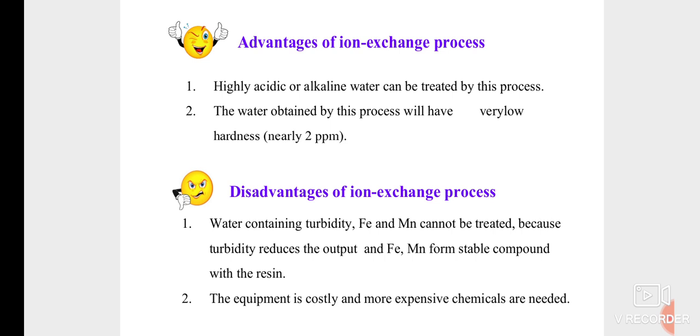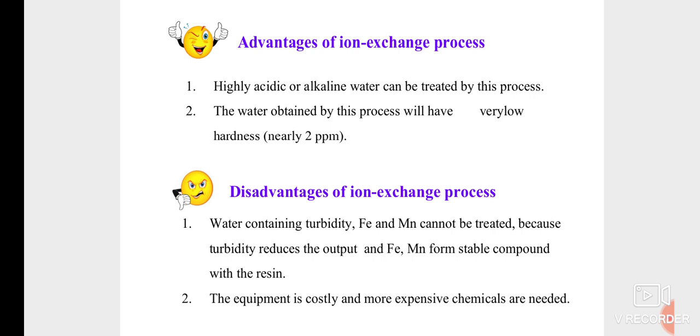Then what are the limitations or disadvantages of the ion exchange process? If the water contains turbidity, muddy substances, or iron and manganese, it cannot be treated, because the turbidity reduces the output, and Fe and manganese form stable compounds with the resin.